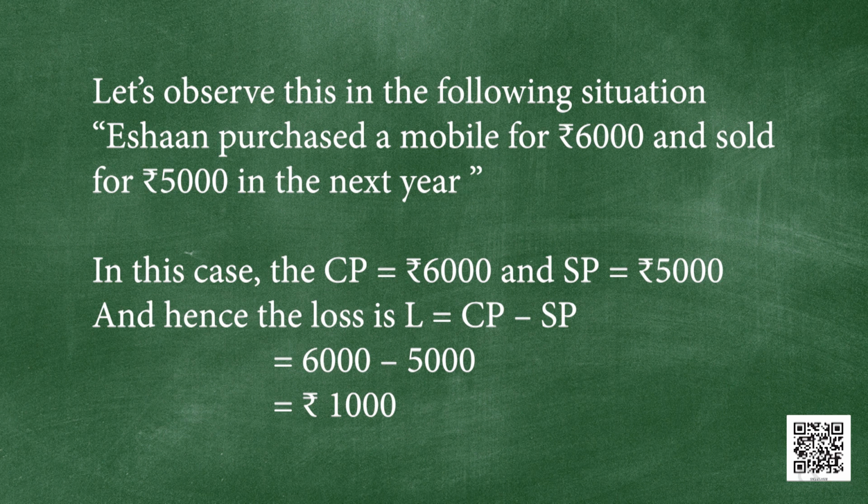In this case, the cost price is Rs 6,000 and selling price is equal to Rs 5,000, and hence the loss is L is equal to cost price minus selling price, which is equal to 6,000 minus 5,000, which is equal to Rs 1,000. So Ishan had a loss of Rs 1,000.